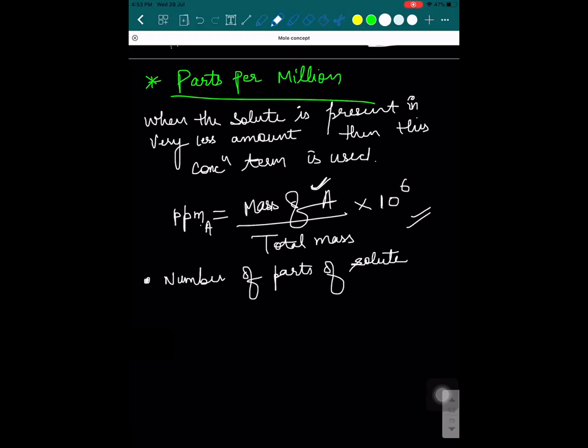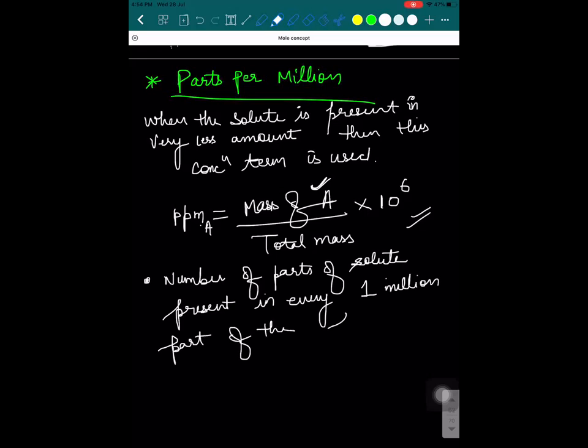Number of parts of the solute present in every 1 million parts of solution becomes the definition of ppm, parts per million. This is about the definitions of the concentration terms.